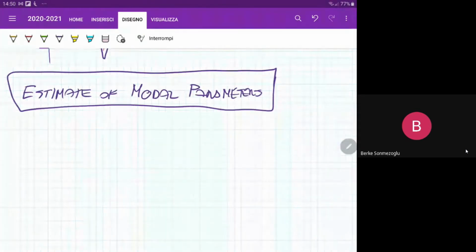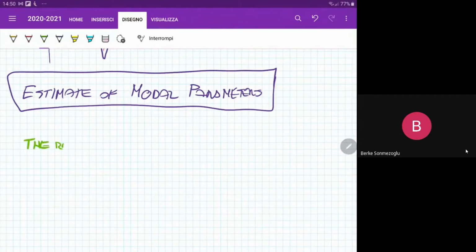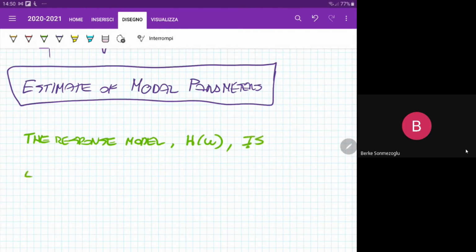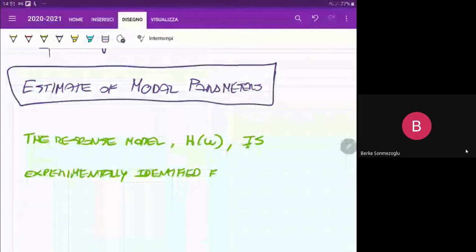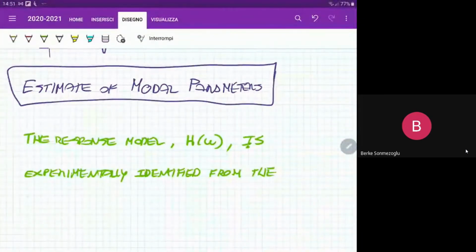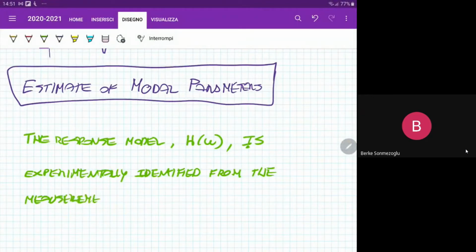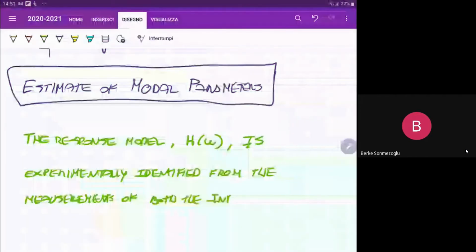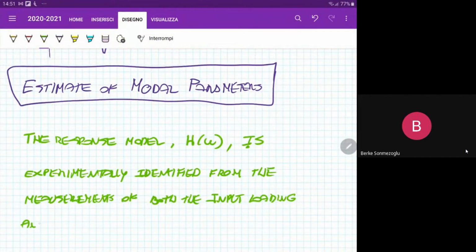So what I can write here is that the response model, that is your H of omega, remember, is a complex quantity of a real variable omega, okay, is experimentally identified from the measurement of both the input loading and the output response.